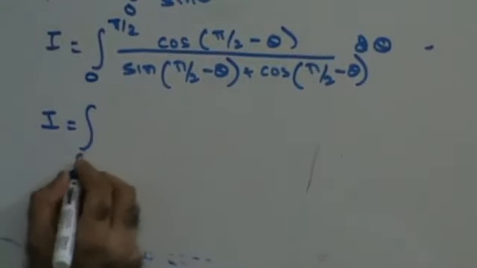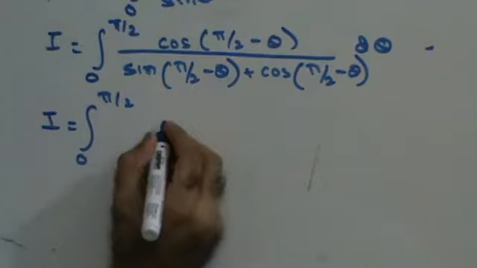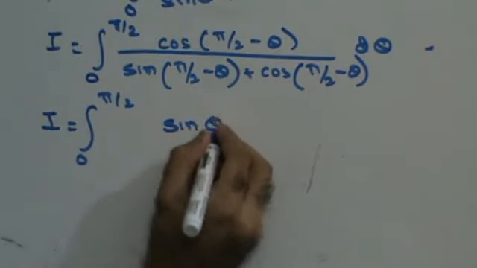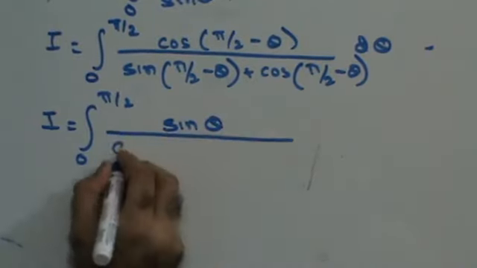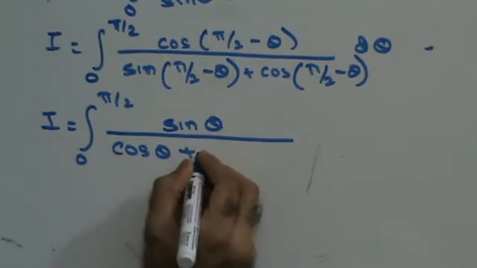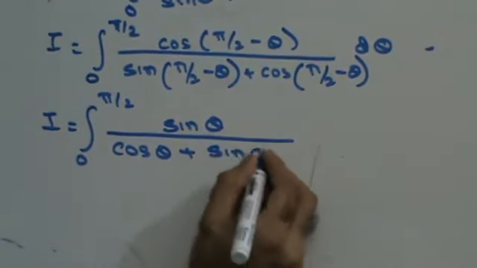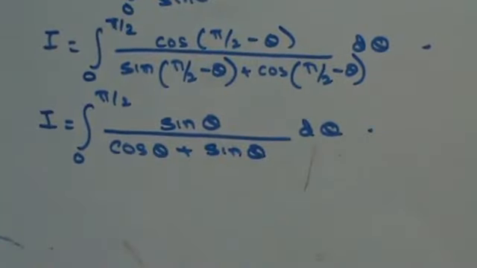So I'll get I is 0 to pi by 2 cos 90 minus theta is sin theta, sin 90 minus theta is cos theta, cos 90 minus theta is sin theta d theta. Let's call this as equation 2.